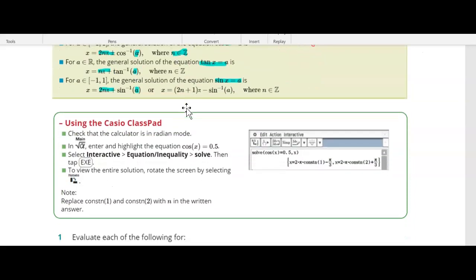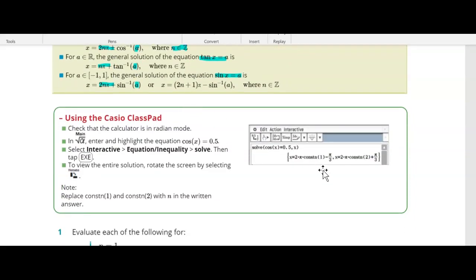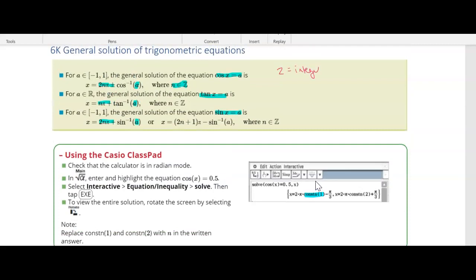Now, on your calculator, which is what you've seen before, we basically have this part here, and you'll notice that that is the same as the n. So we're doing cos.